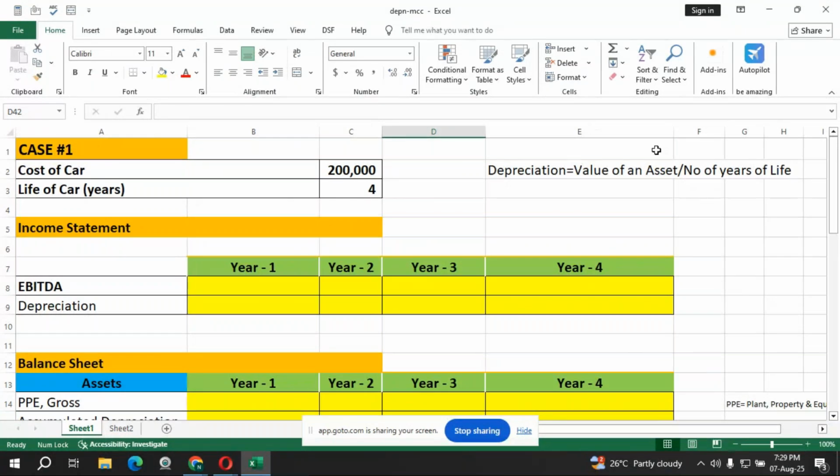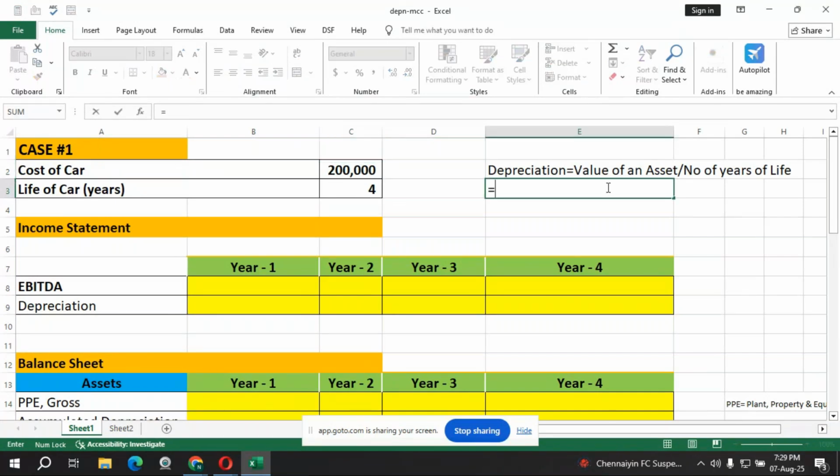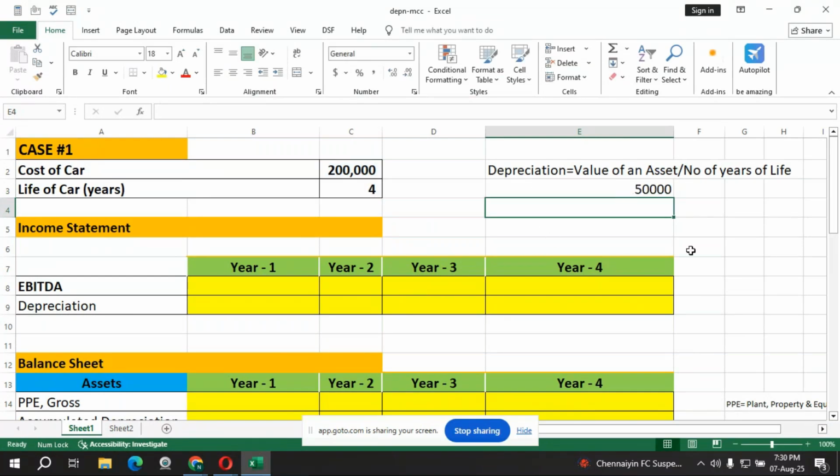You're well aware of it, right? Value of the asset divided by the number of years. So value of the asset is 2 lakh divided by 4 years. So every year the depreciation is calculated at 50,000 uniformly.